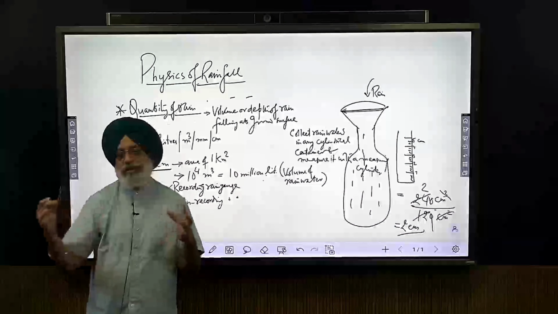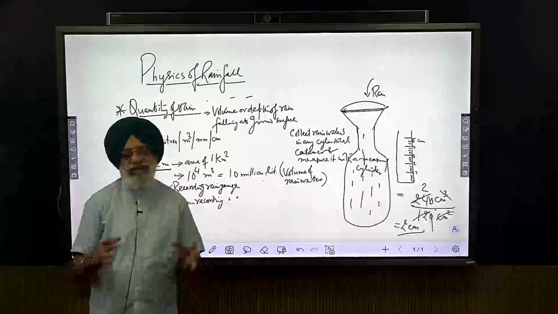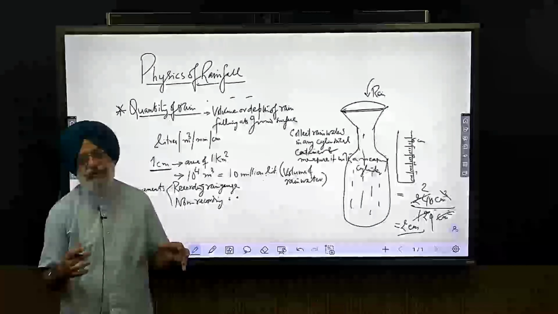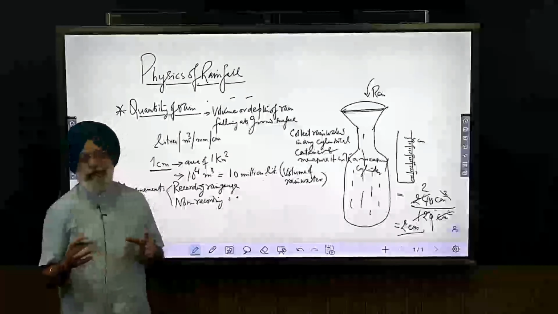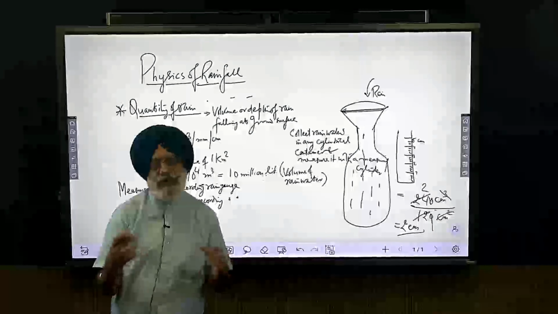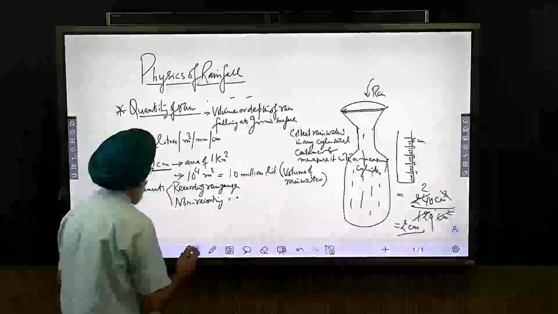You can calculate, okay, my field area is 1 acre, so I can calculate how many liters. If my field is 1 hectare, I can calculate. So, that is why we generally express the quantity of rain in depth units, that is, in millimeters or centimeters. So, after this we have distribution of rain.